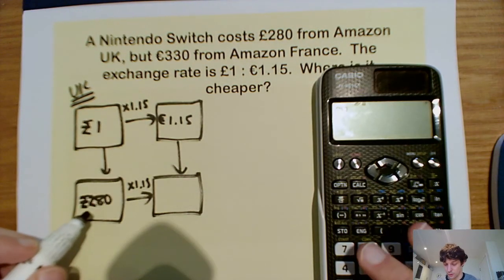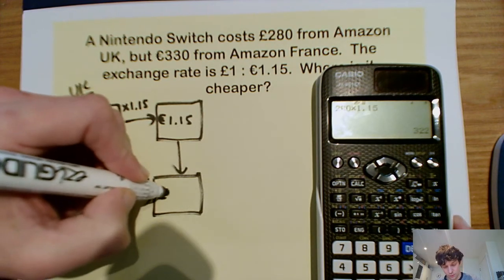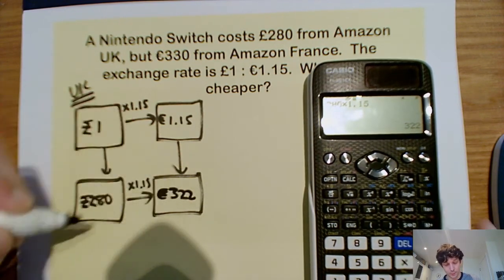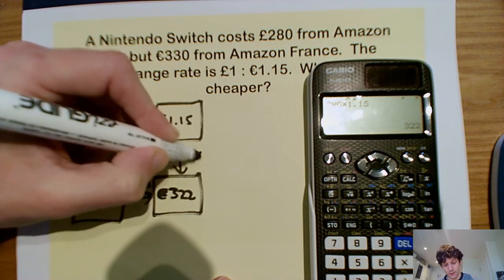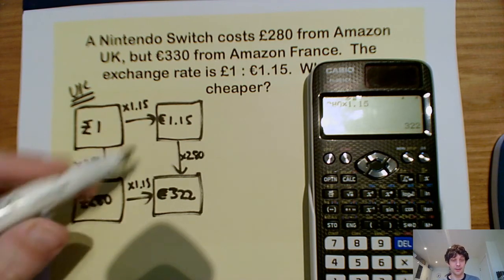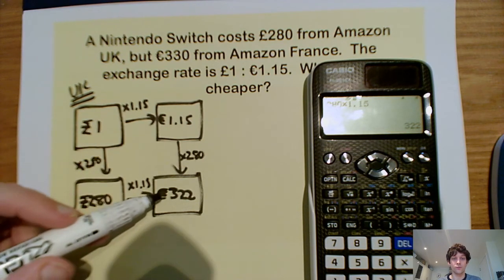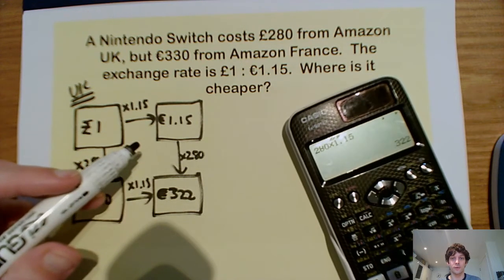So I've got 280 times 1.15 is 322 euros. And I could have done that by multiplying down by 280 as well, because 1 times 280 is 280. So it costs 322 euros from Amazon UK.